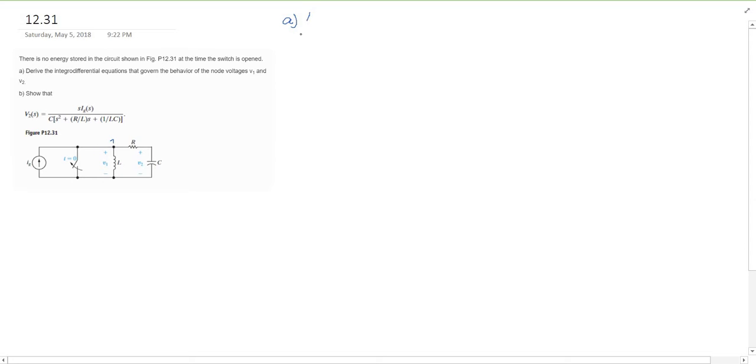It's going to be 1 over L, integral from 0 to t of V1 dt, plus the current that goes over the resistor, (V1 minus V2) over R, and then the current entering, so it's going to be IG. Therefore, that right there is going to be our first equation at node 1.